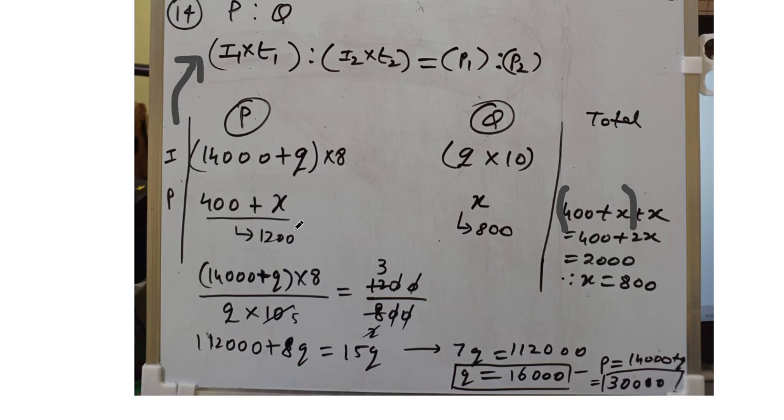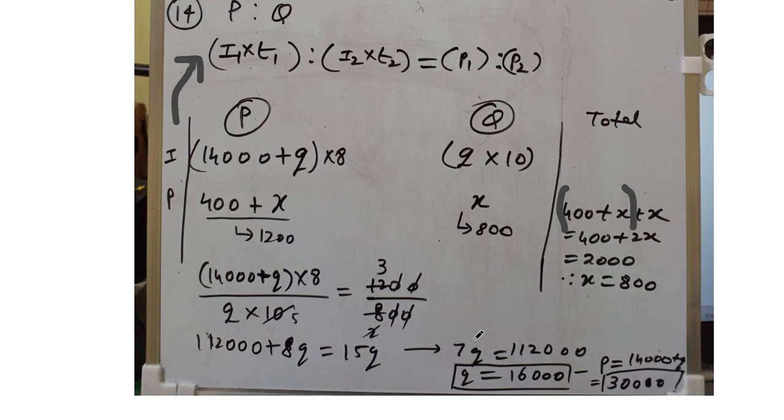So we can say investment multiplied by time of P divided by investment and time of Q is equal to profit ratio of P and Q. When we write this and cut the similar terms and multiply and divide all the things, we will get the equation as 1,12,000 plus 8Q is equal to 15Q. When we simplify by taking 8Q to the right hand side, we will get 7Q is equal to 1,12,000 rupees.